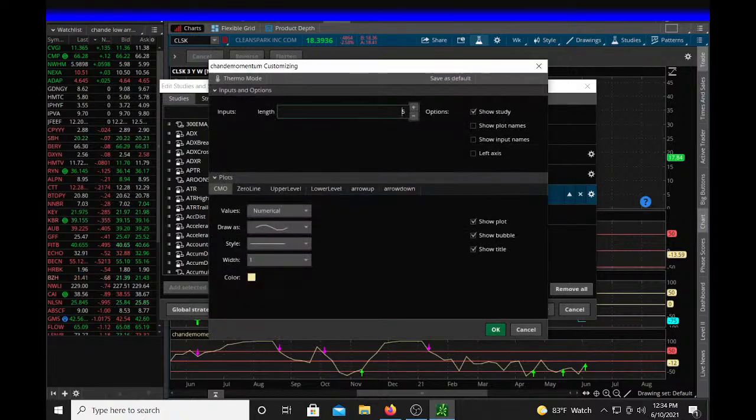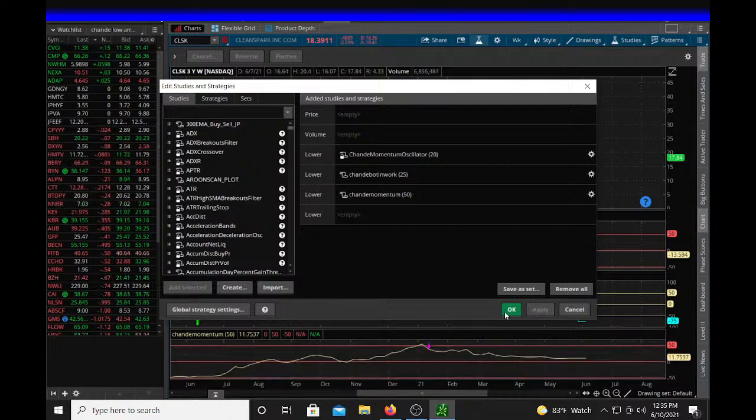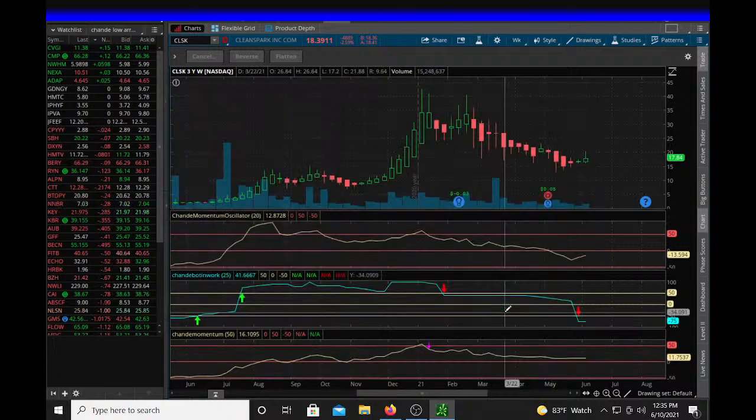Let's go in and change our length here. I think I've noticed a length of 5 or 8 really catches highs and lows really well.